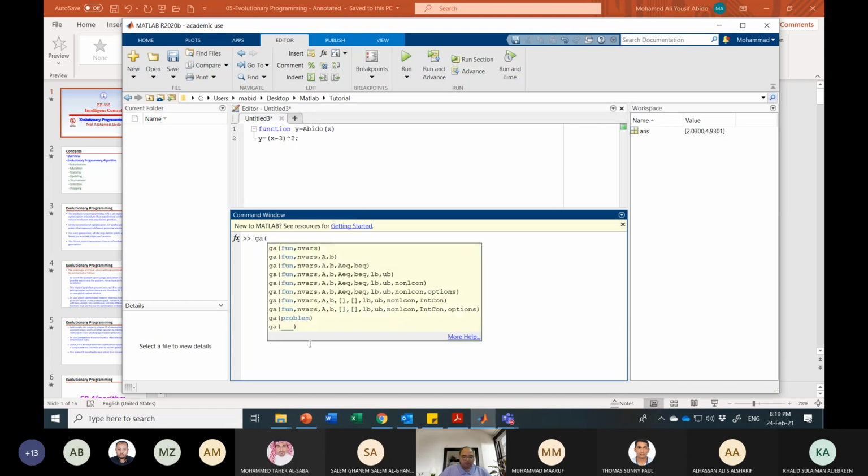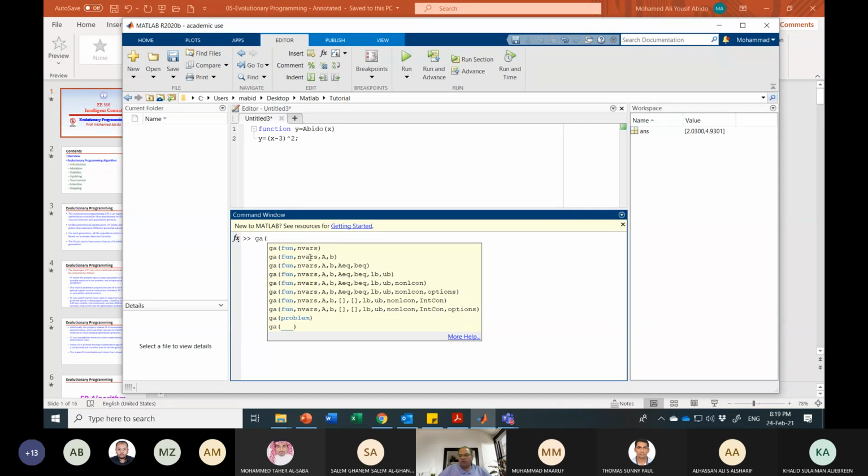You will open the bracket, and then you can see the options of GA. This is the function name. You have to set the function name and the number of variables. In this example, we have only one variable, x, so nvars here is equal to 1.